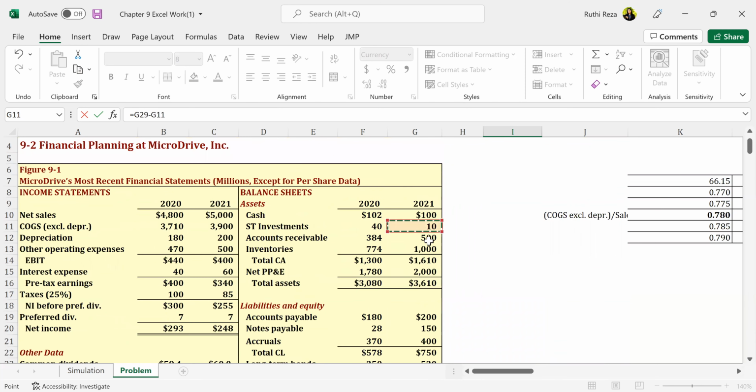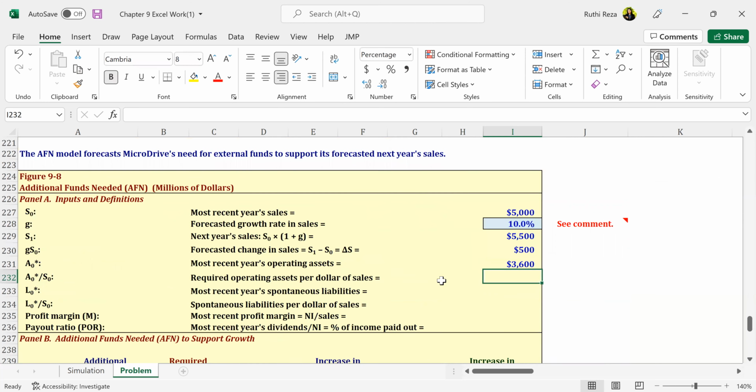Here we just have short-term investment, but you may have long-term investment too. So you are going to reduce your total assets by the investment amounts which are not related to your day-to-day operation to get your operating assets. Next, we are going to calculate our required operating assets per dollar of sales revenue.